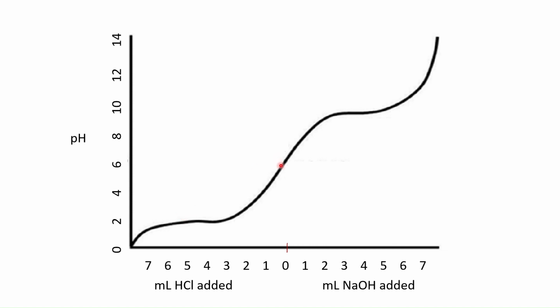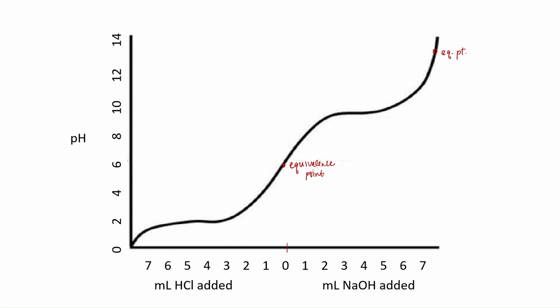The steeper points of our curve are what are called equivalence points. Right here in the middle, the steep point, we have our equivalence point. And we have another steep one right over here. So this is our second equivalence point.